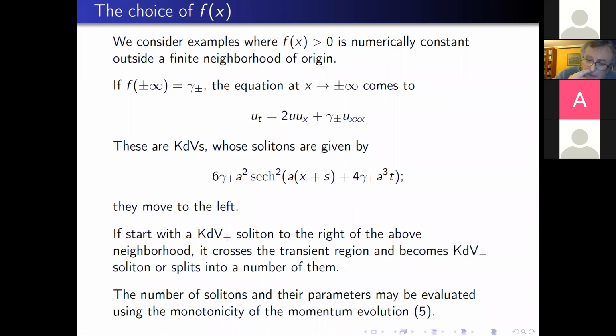It comes to a region of instability of coefficient f, and what becomes of this soliton?